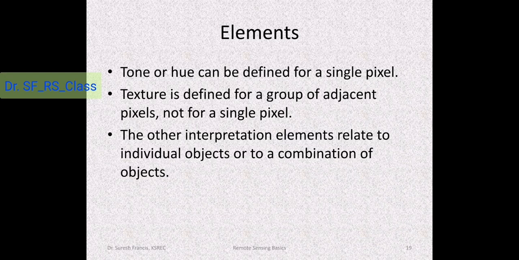All these characteristics can be identified or defined with the help of a group of pixels, not by a single one. And all other interpretation elements relate to individual objects. So there will be three classes in the interpretation elements. By definition, tone or hue can be defined by a single pixel, texture can be defined by a group of pixels, and all other interpretation elements will relate to individual objects or a combination of objects.